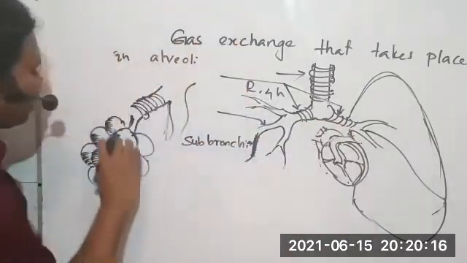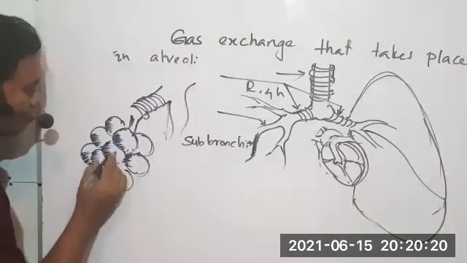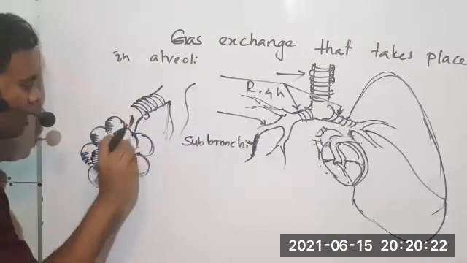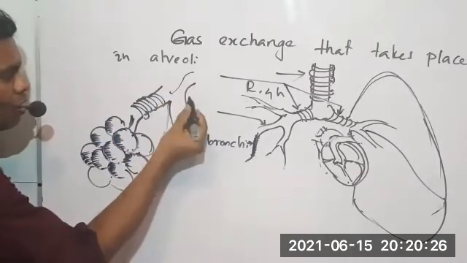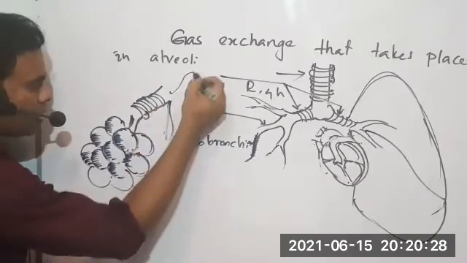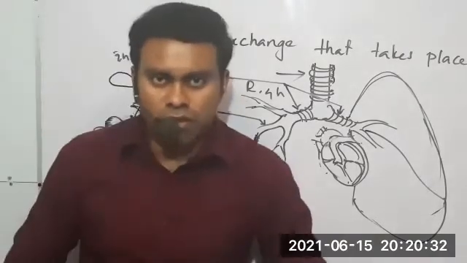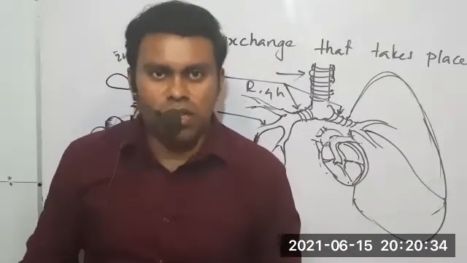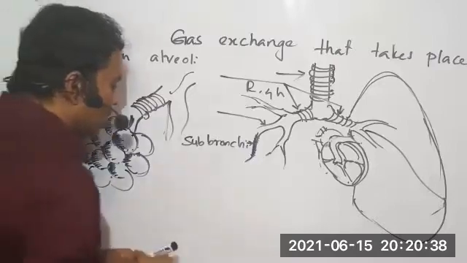With that you can make these sacs and animate them. And you can show the path of oxygen and carbon dioxide, how it moves. So that's a very nice animation you can create, and you can use a nice plugin called Real Flow.